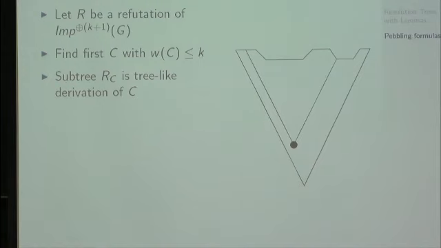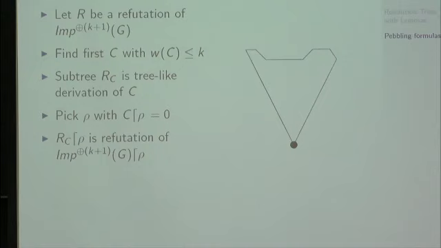And what we do then is we find a restriction which makes this clause false, and put this restriction on the whole proof, and then we have a refutation of the restricted formula. So the restricted proof is a refutation of this formula under this restriction.